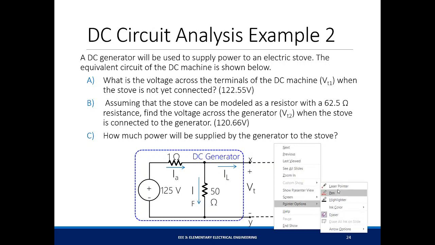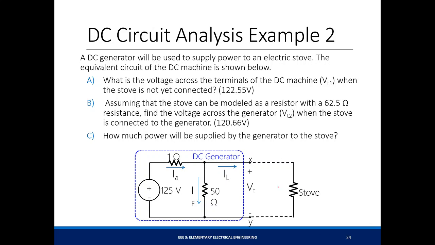Anyway, so 62.5 ohms of a stove. So first things first, we'll have to set up the equations. So you have IA, IF, and IL. We have three unknowns. And so we need three equations to solve the three unknowns.